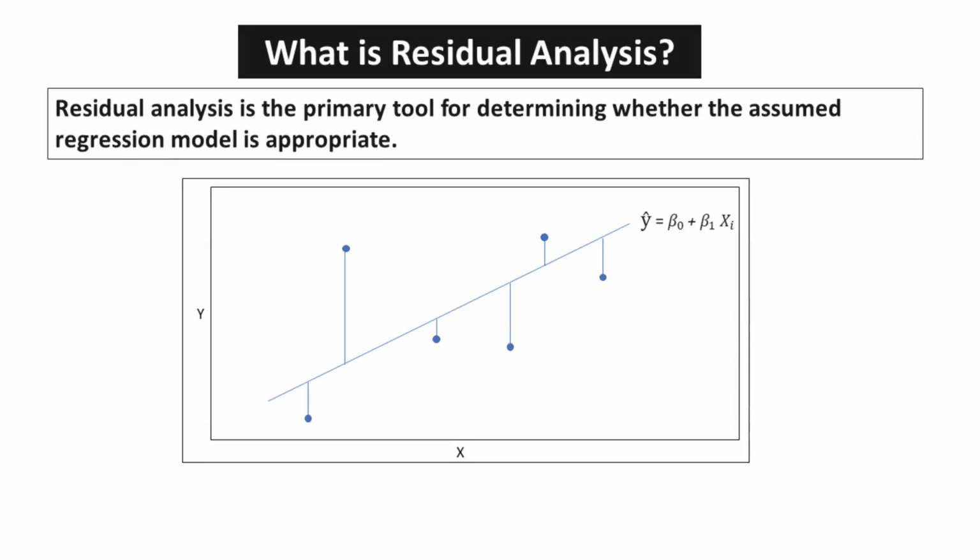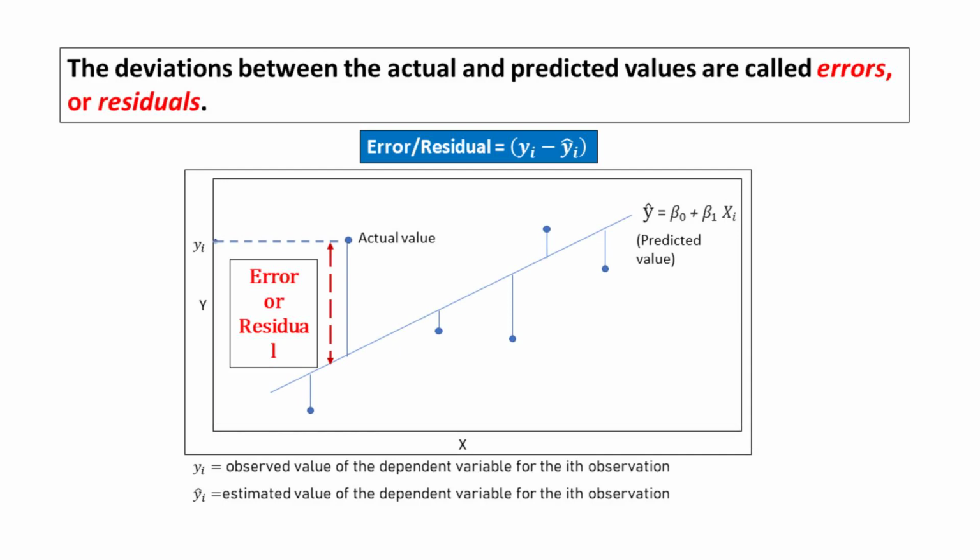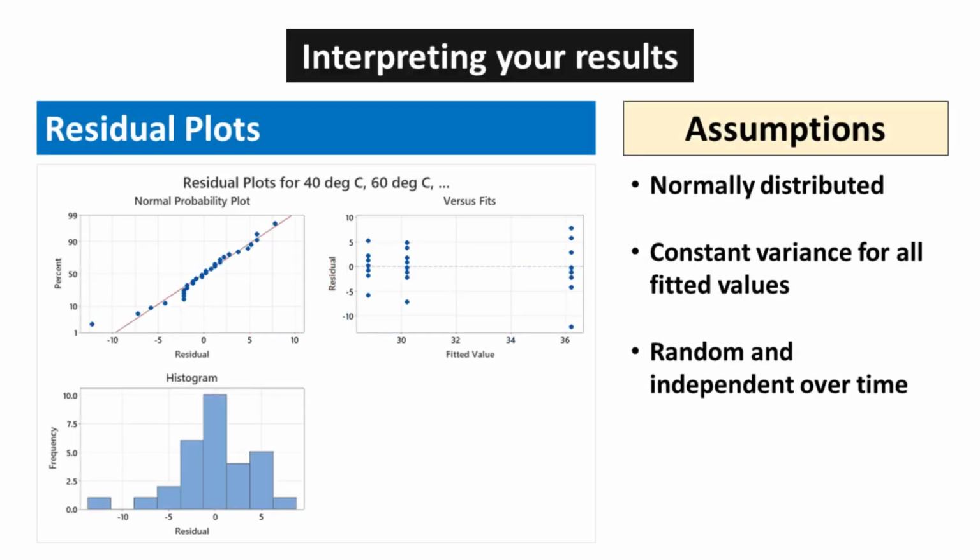Residual analysis. Residual analysis is the primary tool for determining whether the assumed regression model is appropriate. The deviations between the actual and predicted values are called errors, or residuals. You should examine residual plots and other diagnostic statistics to determine whether your model is adequate and the assumptions of regression are met.